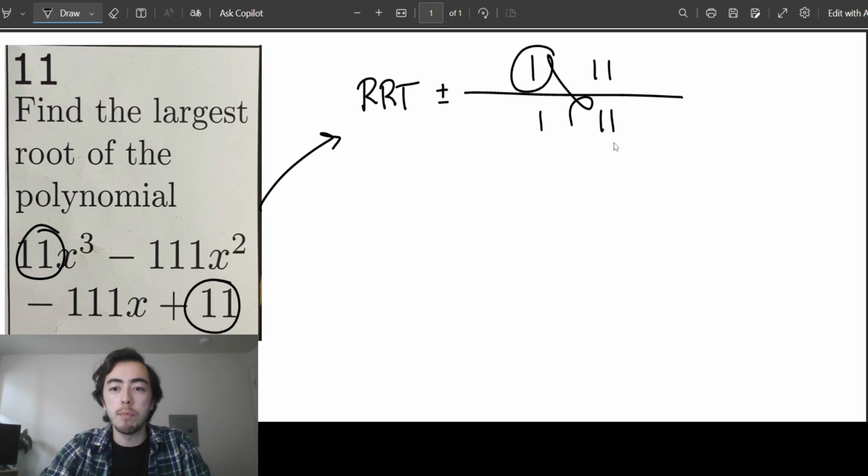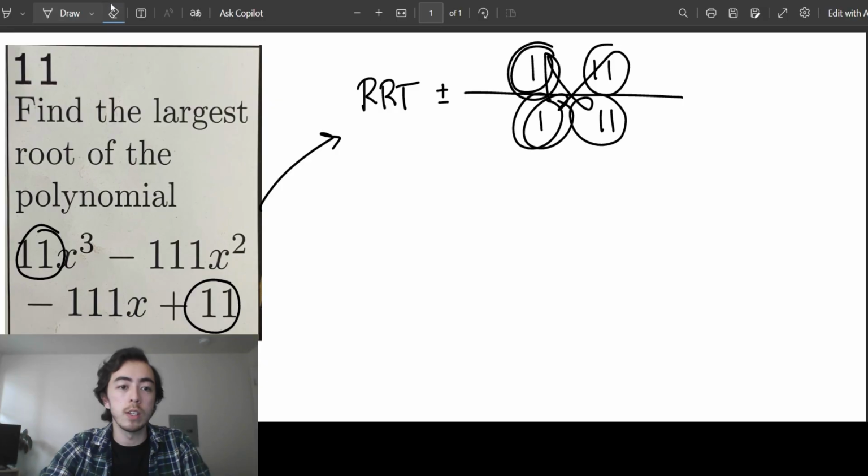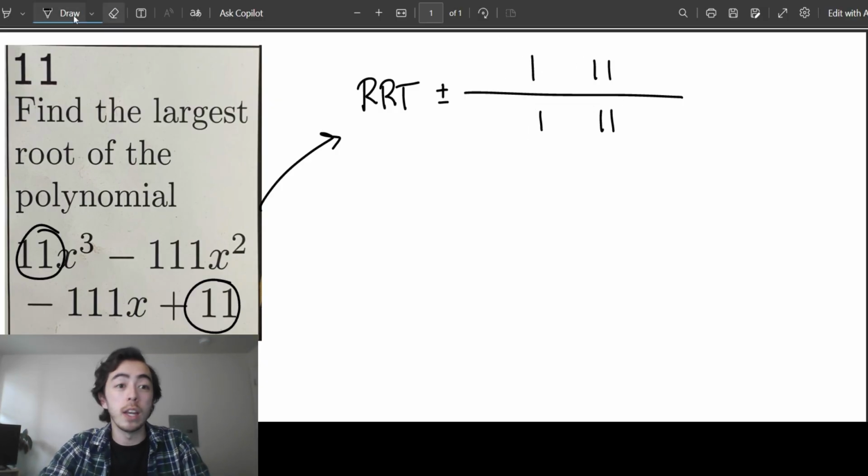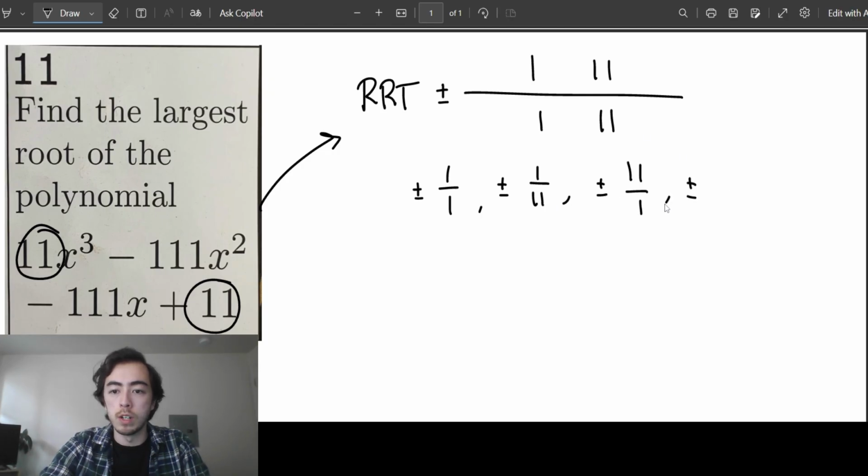I could pick and choose which numbers I want here, and any way I pick a top number and a bottom number, these are all potential rational roots for my polynomial. So I could do positive or negative 1 over 1, positive or negative 1 over 11, positive or negative 11 over 1, and then finally positive or negative 11 over 11.